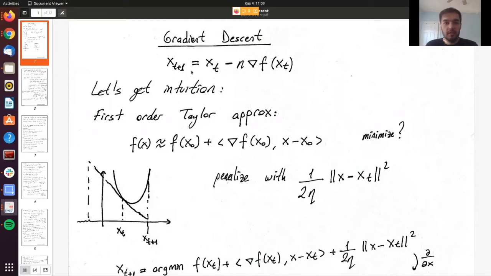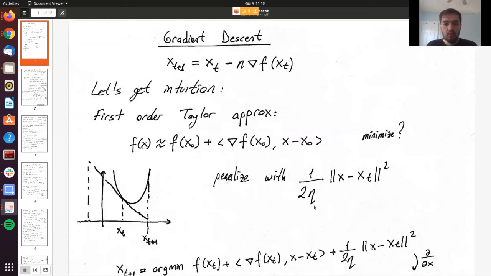So for gradient descent, this is the equation. And if you try to get intuition, we are trying to minimize the first order Taylor approximation. So this is the familiar equation. But if we minimize this equation, we will just overshoot somewhere else in our convex set, and we couldn't find the minima.